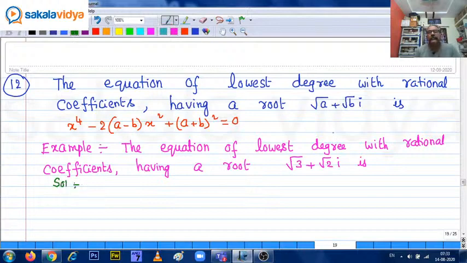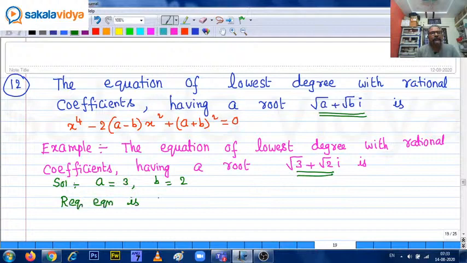Solution: now this is compared to this one. A equals 3, b equals 2. So now the required equation is x to the power of 4 minus 2 times (not a plus b this time, a minus b, 3 minus 2) x square plus (a plus b) whole square, (3 plus 2) whole square equals 0.